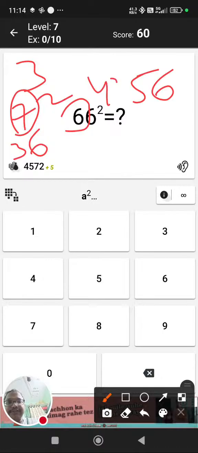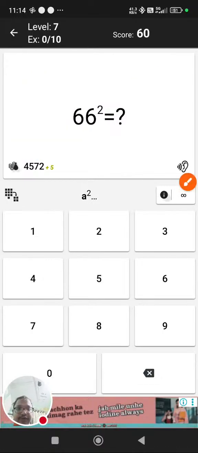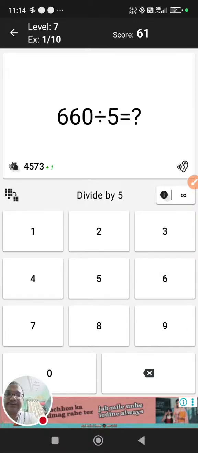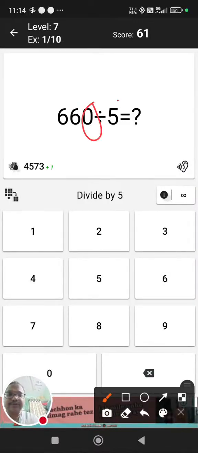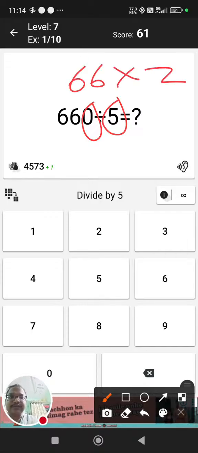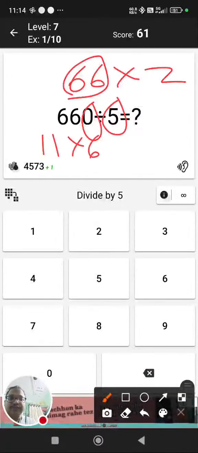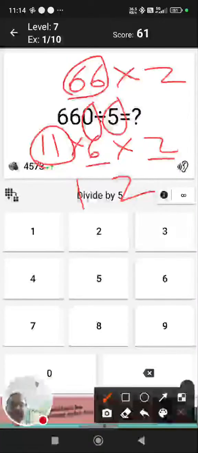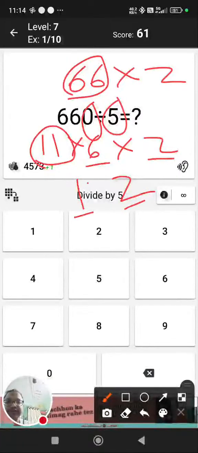So 4356 is the answer, not 4256. 4356. Here we see 0 divided by 5, which will be into 2 times. So 66 into 2 times. Here we see 11 here. 11 into 6 into 2. So what we do is first multiply these two. We get 12. So into 11 means what we do is sum of these two numbers is placed in between them is the answer. 132 is the answer for this one.